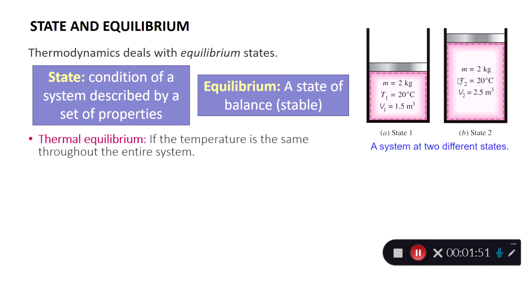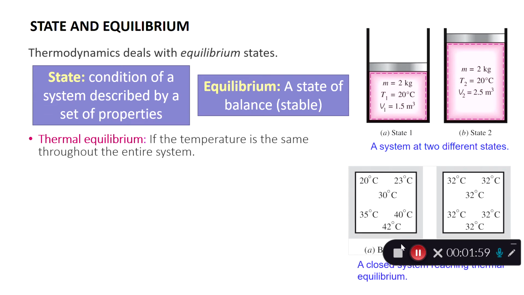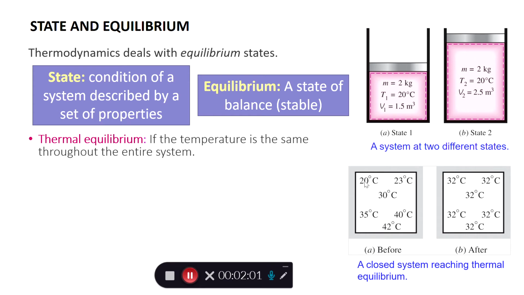Now, a popular equilibrium state is thermal equilibrium, where the temperature is the same throughout the entire system. Take a look at this example. Initially, this is the tank. It's a closed system. It has a high temperature at the bottom, 42 degrees, and a lower temperature at the top, 20 degrees.